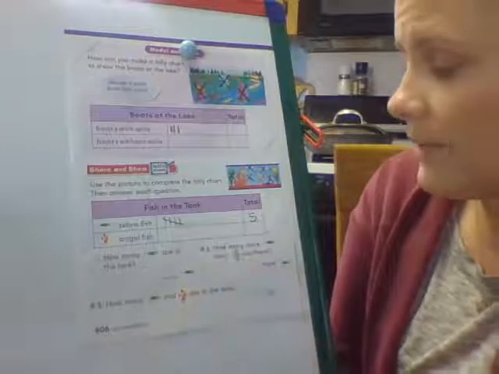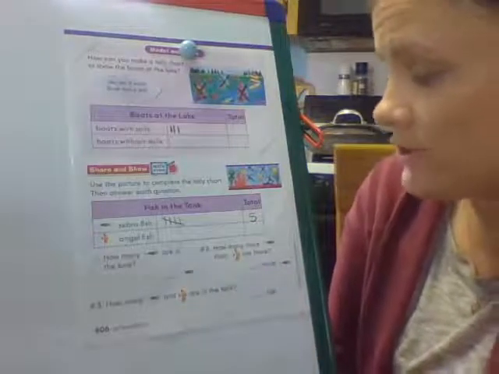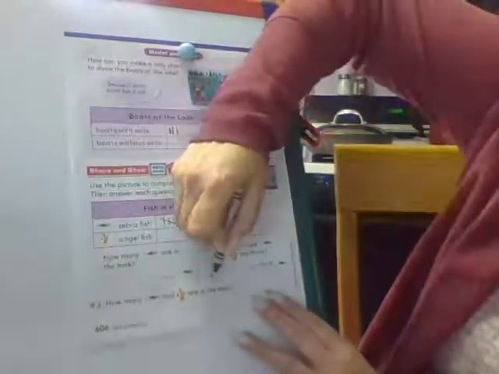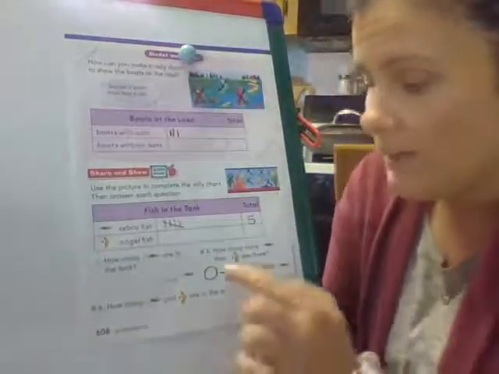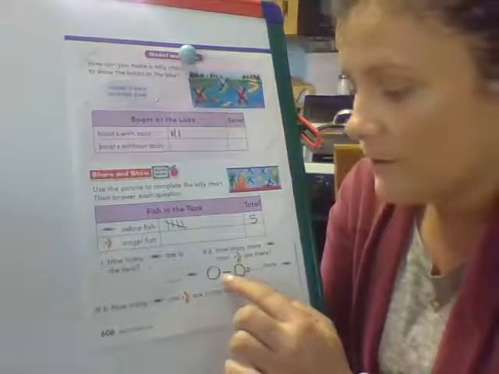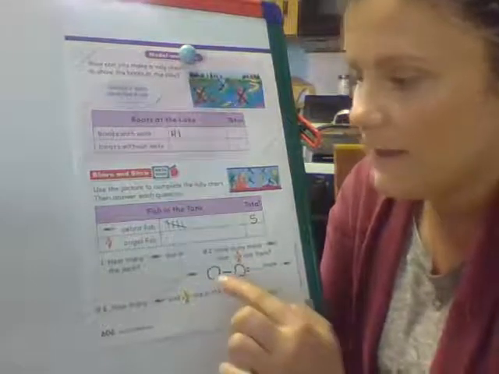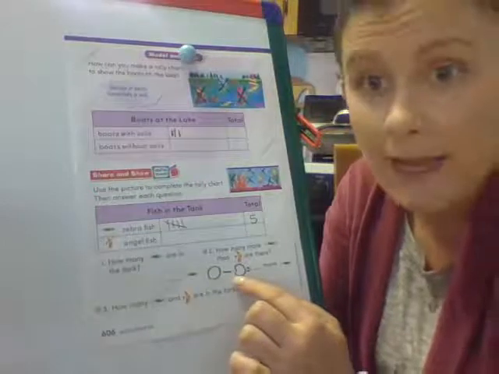Number 2 says how many more zebrafish than angelfish are there? Remember when we ask how many more? I always think it's helpful to make that subtraction and say my bigger number, take away my smaller number, equals my difference. So I'm going to take my zebrafish and subtract my angelfish to help me figure out the difference.